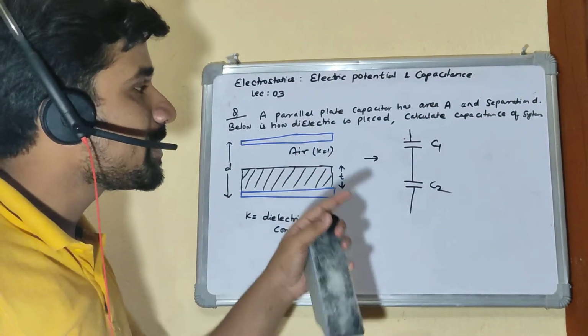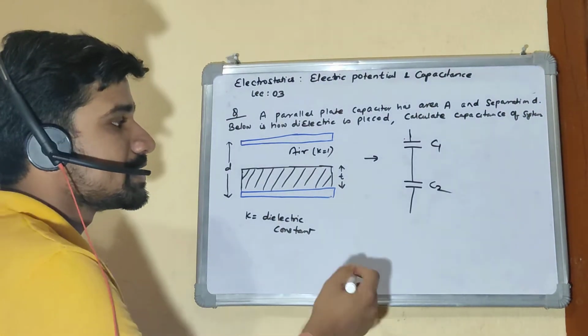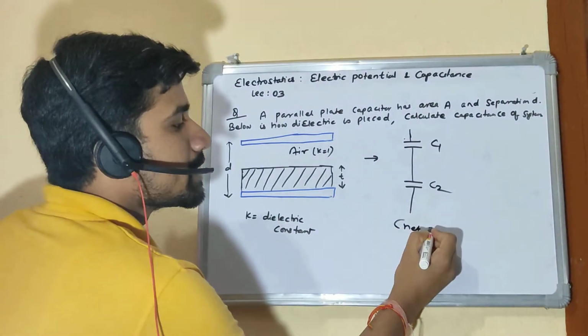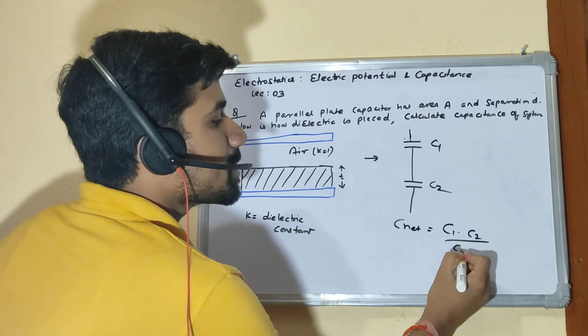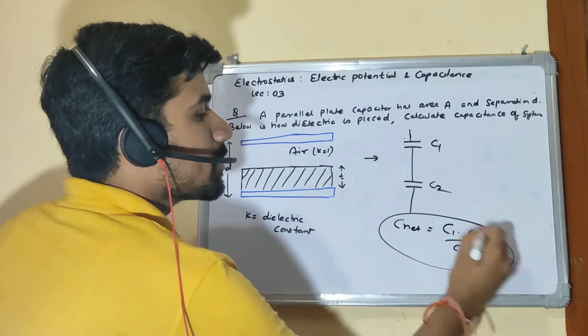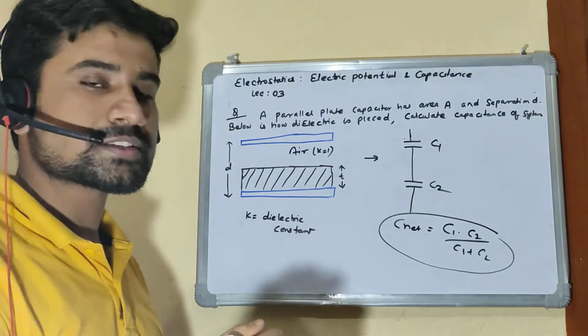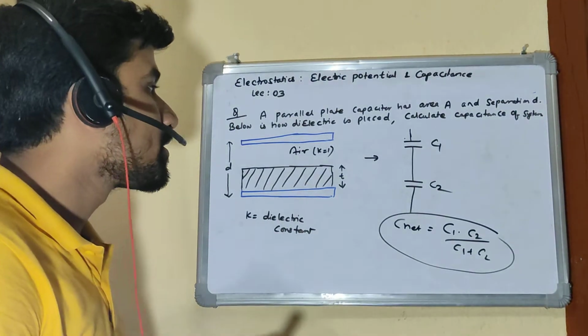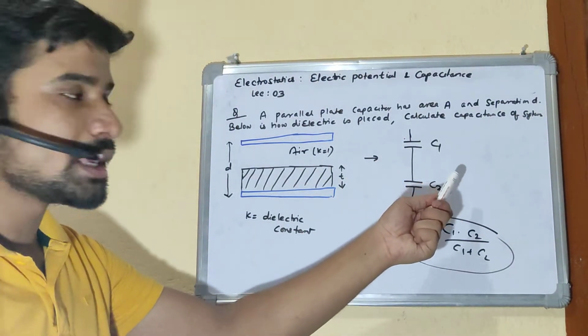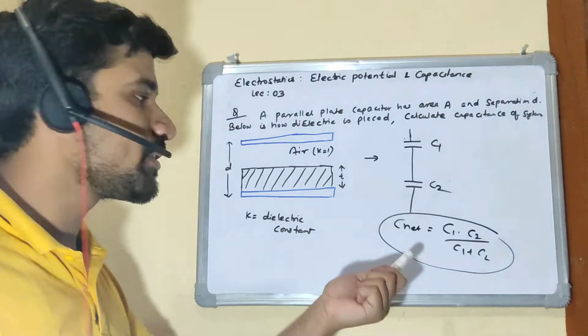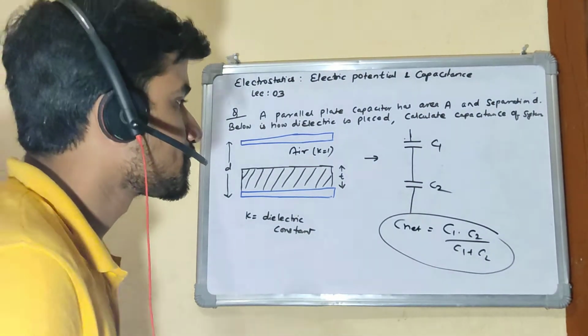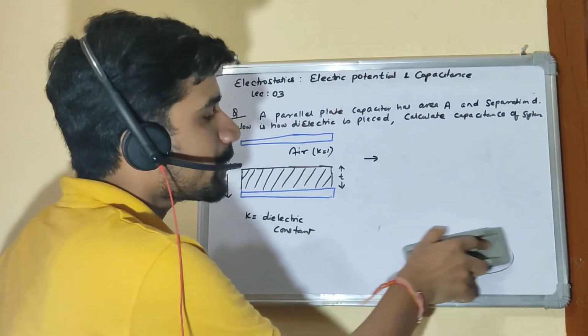To find the net capacitance in series, we know it is C1 into C2 by C1 plus C2, right. You can easily calculate it as we discussed for series combination. So if I am able to find C1 and C2, I can easily find C net.